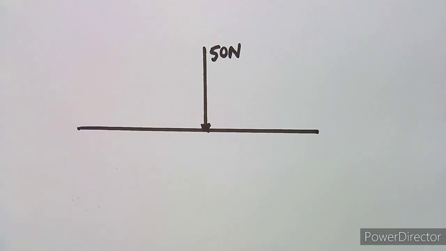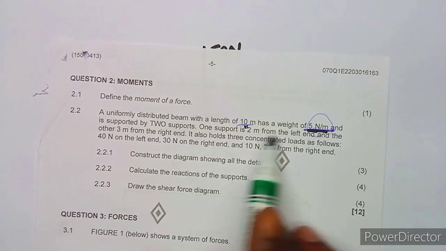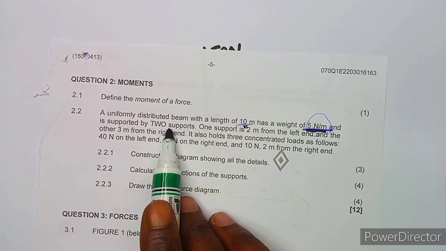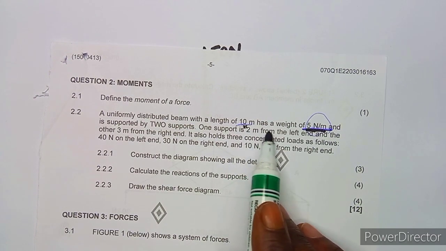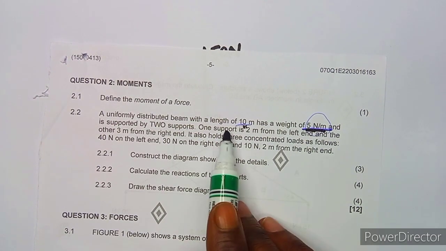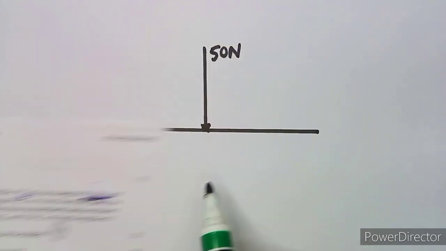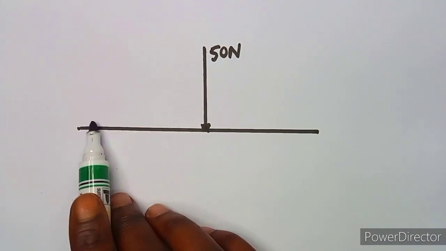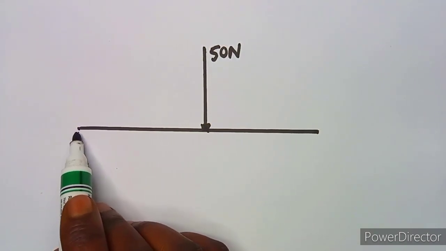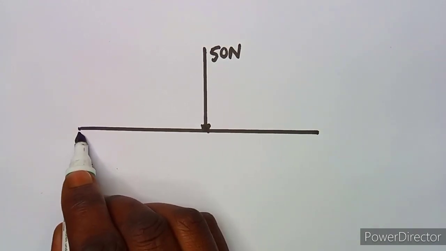Then let's see whatever we have. It is supported by 2 supports. One support is 2 meters from the left end. So this is your left end. Remember, we said it's divided into 2, so there's 5 meters here in between. A support always faces upwards like this.